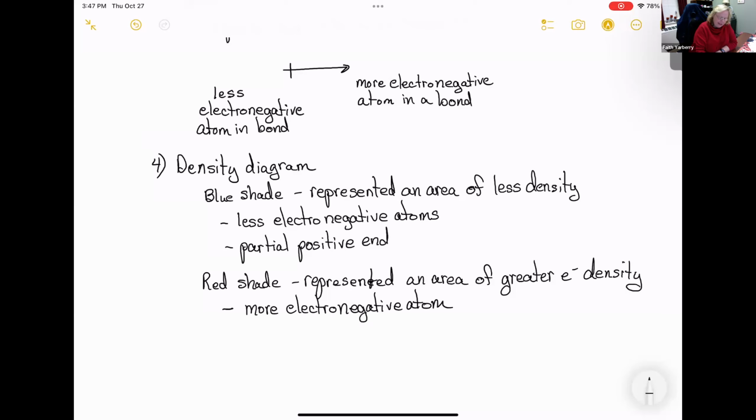And because there is a greater electron density and electrons are negative, that particular end would be a partial negative end to the bond or molecule. Since it is partially negative, it would point towards the positive side, towards the positive electrode.